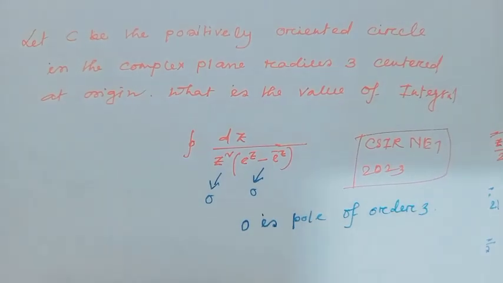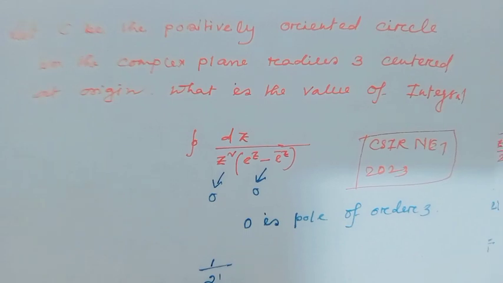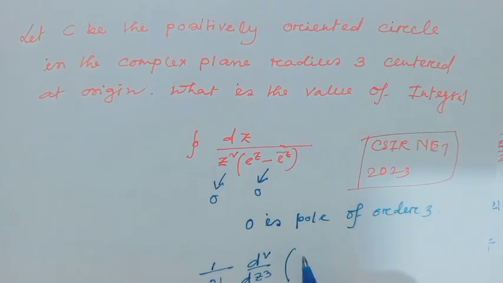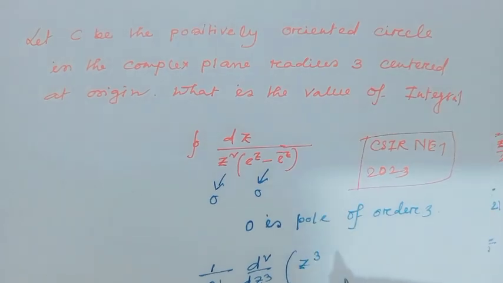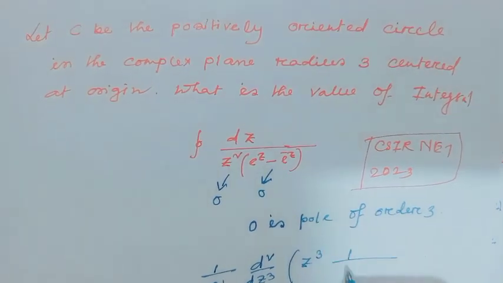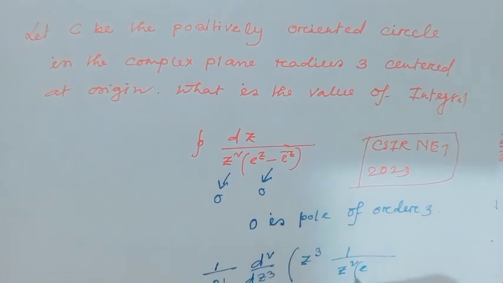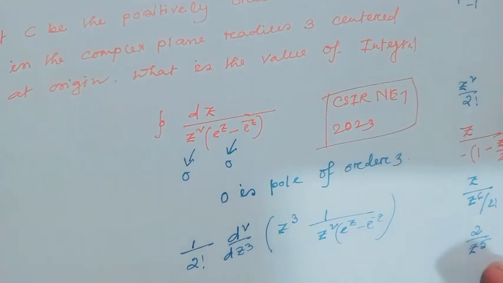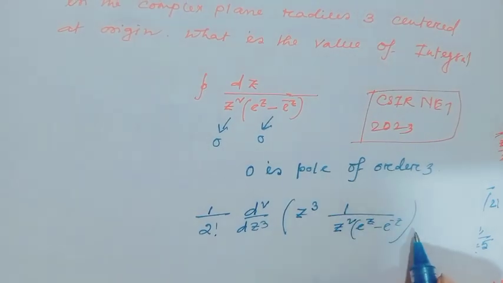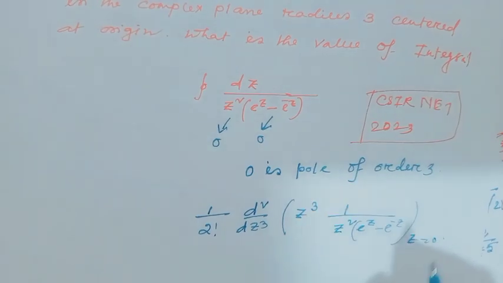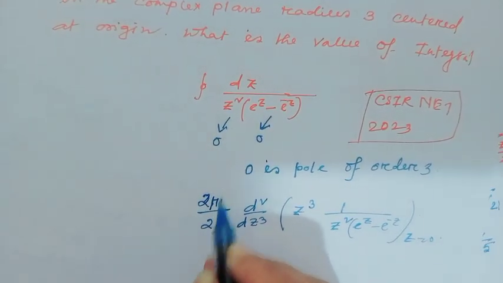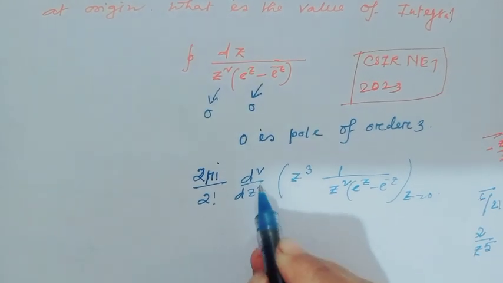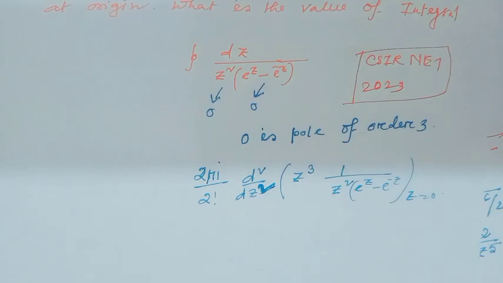Then the residue is 1 over 2 factorial times d2 over dz2 of z cubed over f(z), meaning z squared times (e to the power z minus e to the power minus z). We have to find this value at z equal to 0, times 2 pi i, the value of this integration. But sorry, this is a very difficult way.